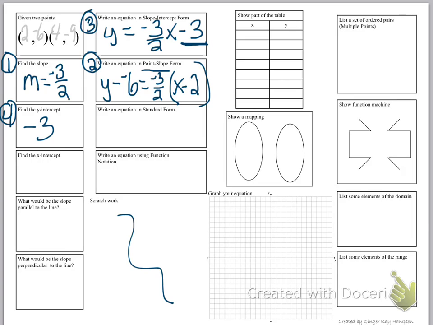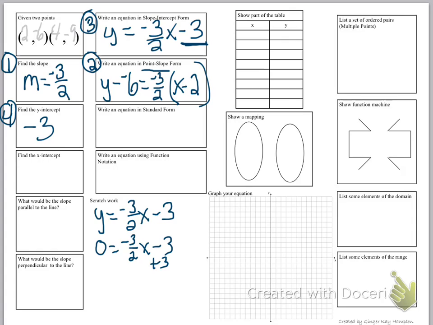And then to find our x-intercept, we plug in 0 for y. So I'm going to do that down here in my scratch work. So if I have y equals negative 3 over 2x minus 3, and I want to find the x-intercept, I'm going to plug in 0 for y, so 0 equals negative 3 over 2x minus 3, and I'm going to solve for x.